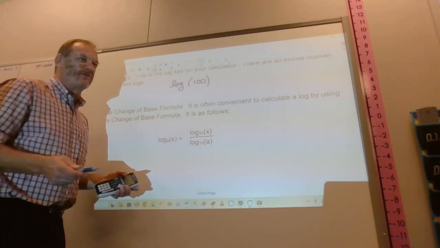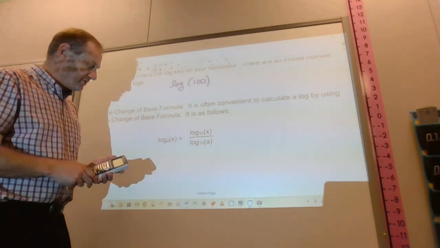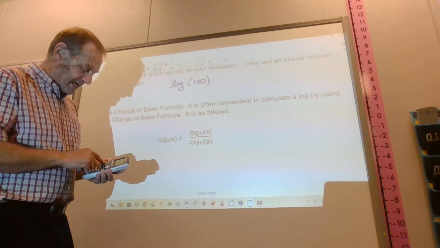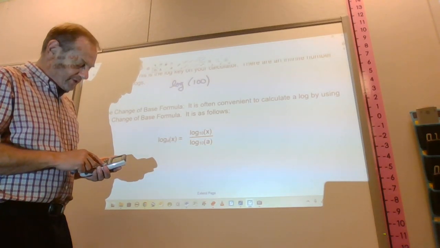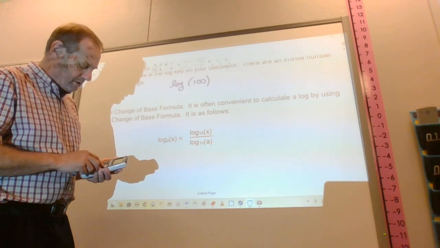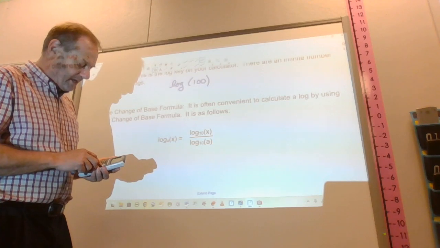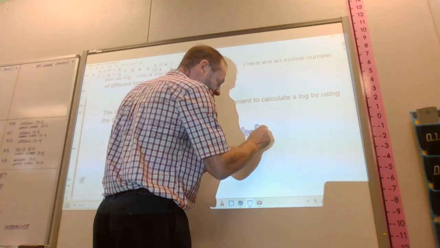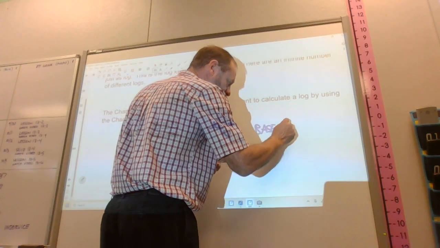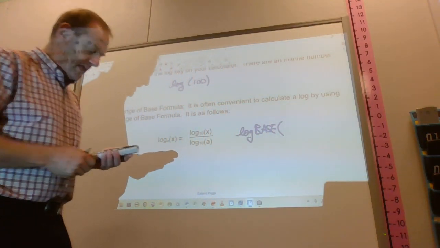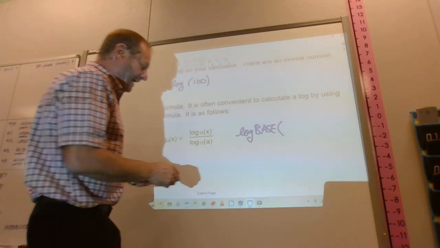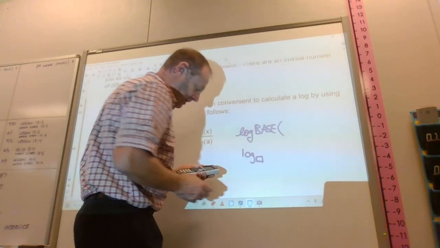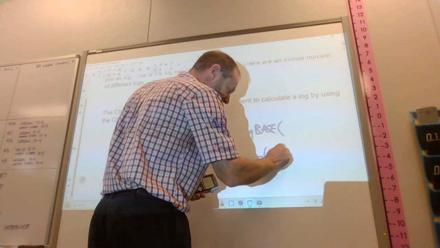Now the new calculators, you don't have to do this. So what do you do with the new calculators? If you go to Math on the TI-84 and you arrow down to A, it has this key that says log base. You just hit enter on that, and it'll print out log, with a little square right here, and then parentheses and a bigger square.